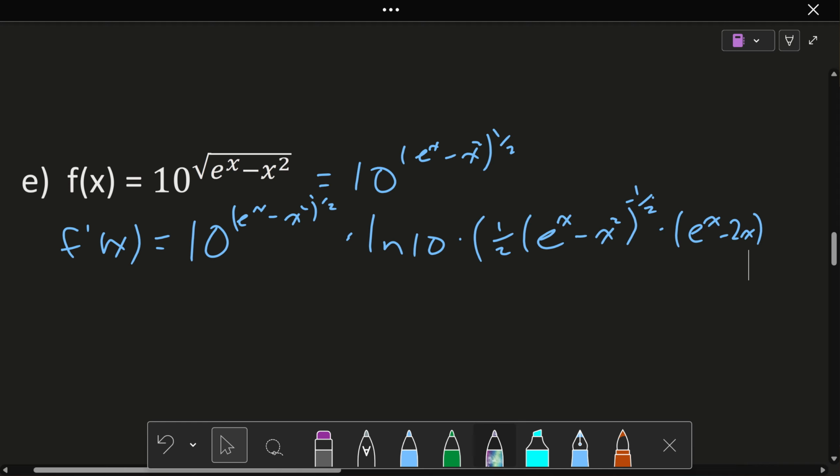Okay, now I'm trying to see, is there any common factor here? Not really. All I can really do is get rid of a negative exponent. And I can see I did forget a bracket, so I should go back and add my bracket in there at the end. It doesn't matter really, it's just multiplication there.